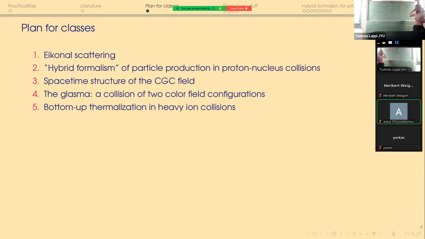So you see, there are several things. We integrated over x plus. We're Fourier transforming explicitly the transverse coordinate. So this is an integral along the light-like path of the particle in the classical field.